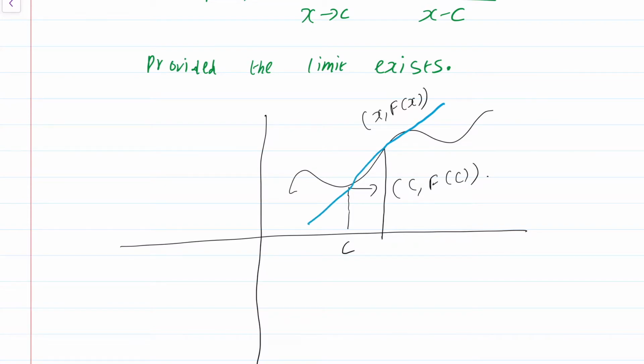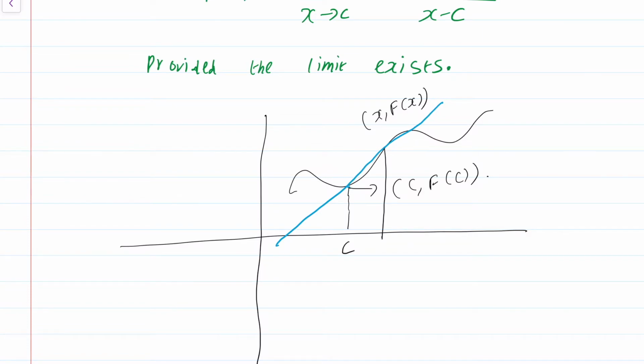Okay, this doesn't look like a line at all, so let me try to draw that better. Somewhat better. Okay, so this blue line's slope is given by f of x minus f of c by x minus c, which you're all familiar with from high school analytic geometry.